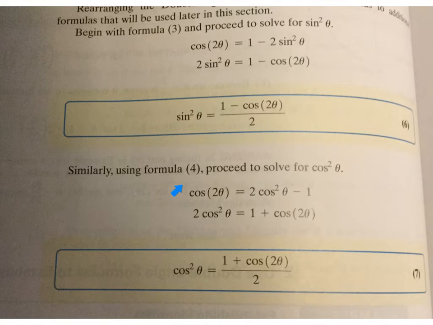Now we start with another one of the double angle formulas for cosine, this one here. Instead, we are going to solve for 2 cosine squared. So I just have to add 1 to both sides. So here's the other variant, that's this after you divide by 2. Now we're going to get to the half angle formulas. What you need to do is take 2 theta to be alpha.